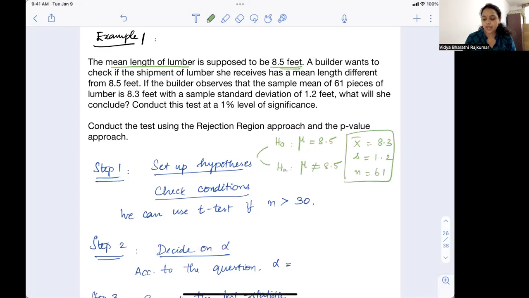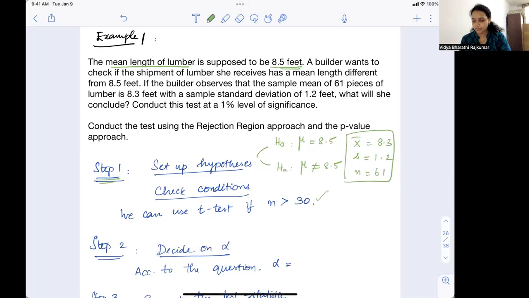Now, a quick check in step 1 is that we should also check if the conditions are satisfied so we could use a t-test. Well, we could use the central limit theorem here because the sample size is greater than 30. And instead of a z-score, we'll use a t-score because we only have the sample standard deviation. So first step is satisfied.